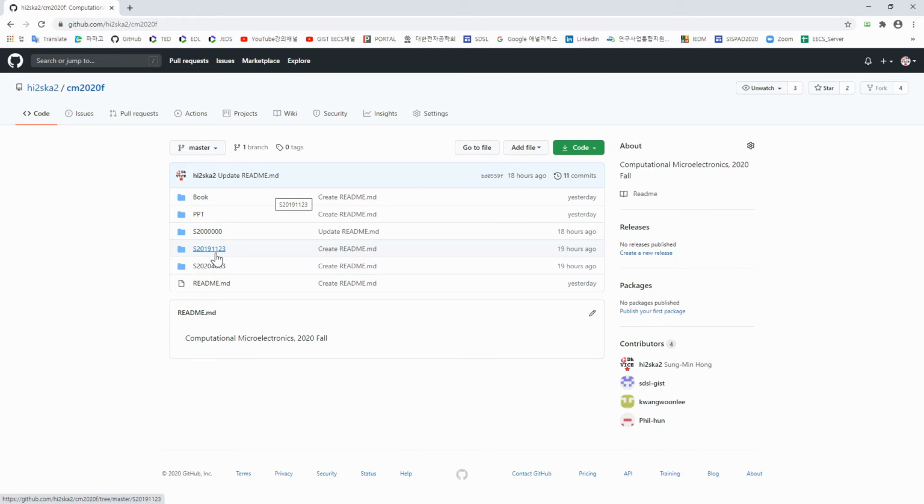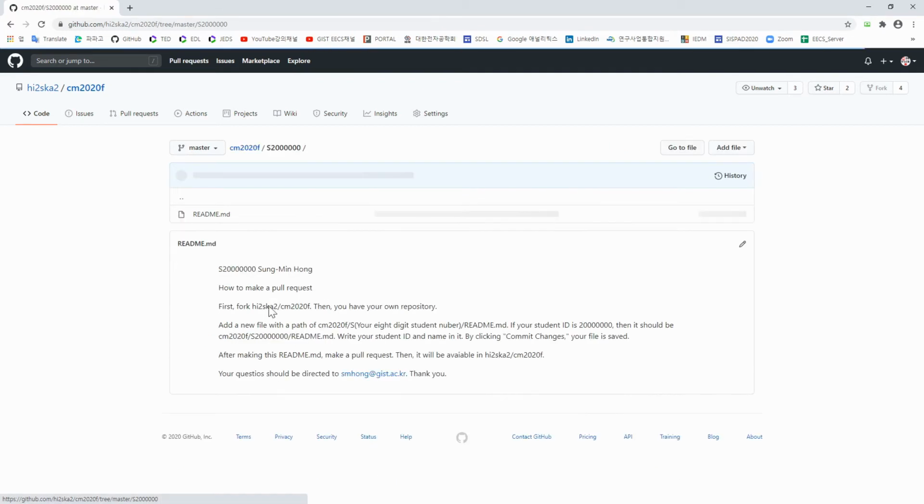So here you have S20000000. This is just a dummy one, and when you click it, you can find files here. It has only one file, which is just a readme.md file, but later you should submit your homework code and report this way.